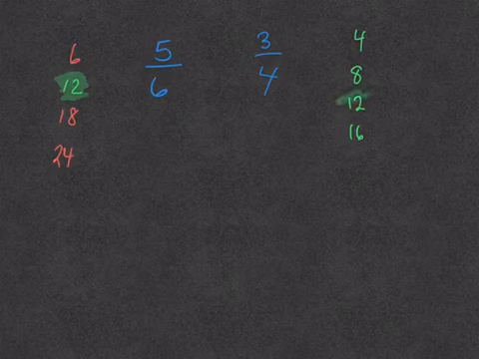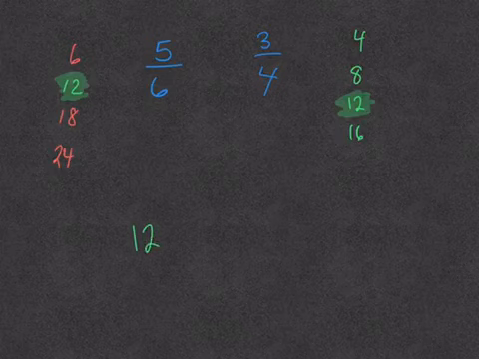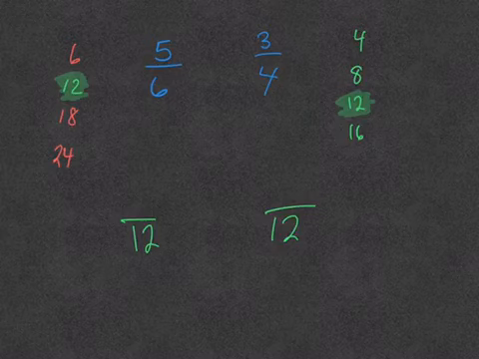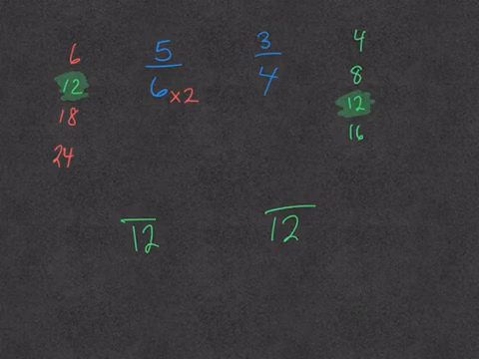So I have a match at 12, which means my new denominator is going to be 12. So how did I get from 6 to 12? I multiplied 6 times 2. Whatever I do on the bottom, I must do on the top. 5 times 2 is 10.